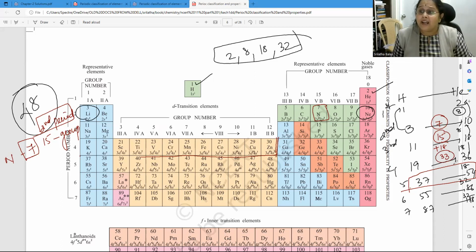Then add another 18 to this. What do we get? 51. 51 plus 32, what do we get? 83. Add 32 and you'll get the subsequent element.